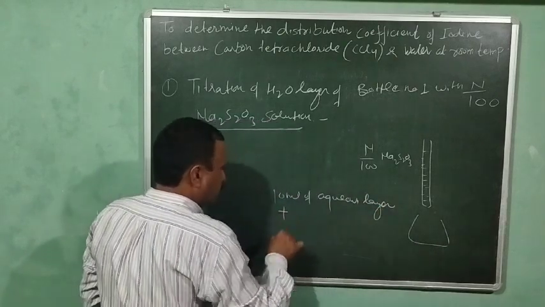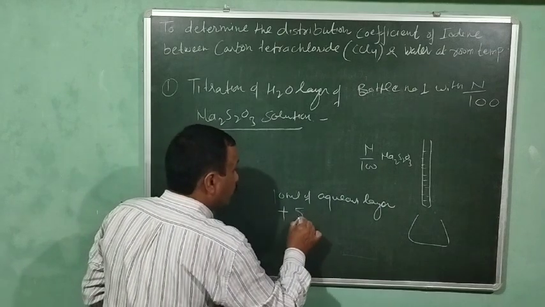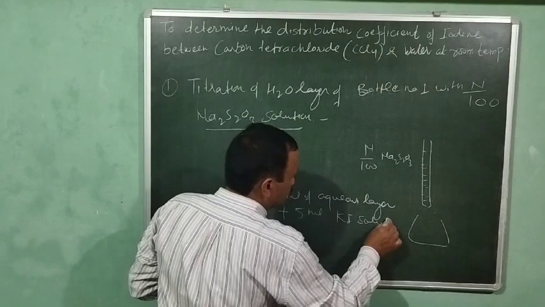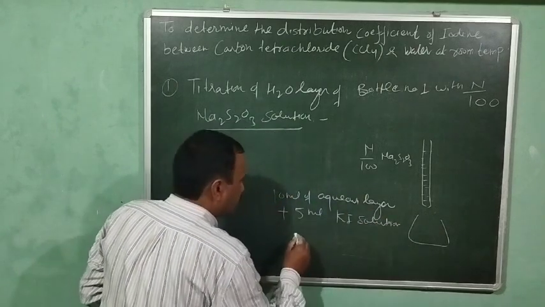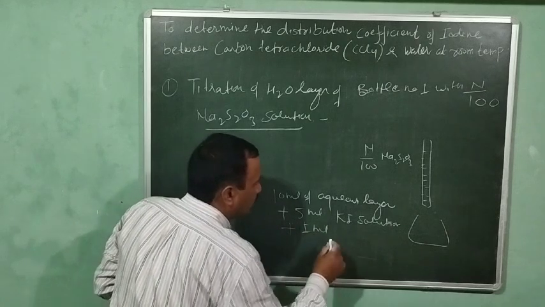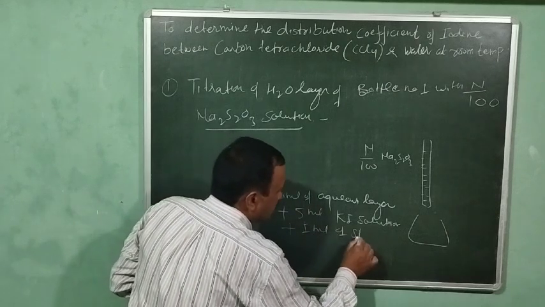Then we will add 5 ml potassium iodide solution to it, and 1 ml of starch indicator.